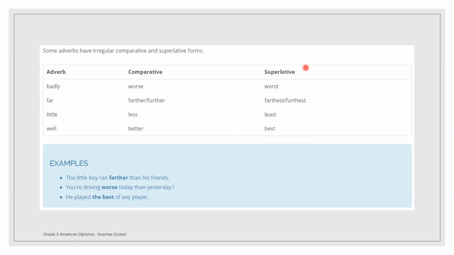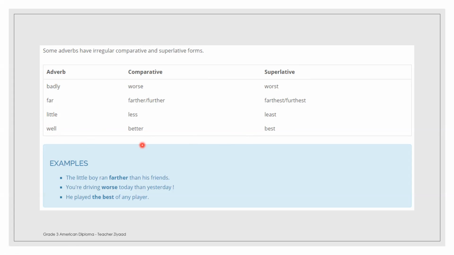Comparative adverbs and adjectives are similar where the word well or good is concerned. So how did you write? I wrote very well. I wrote better than the last time, or this was the best exam out of all of them. So these are our exceptions to our rules for comparative and superlative adverbs.